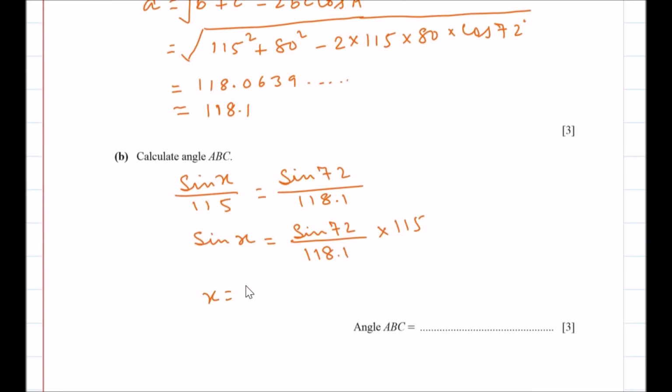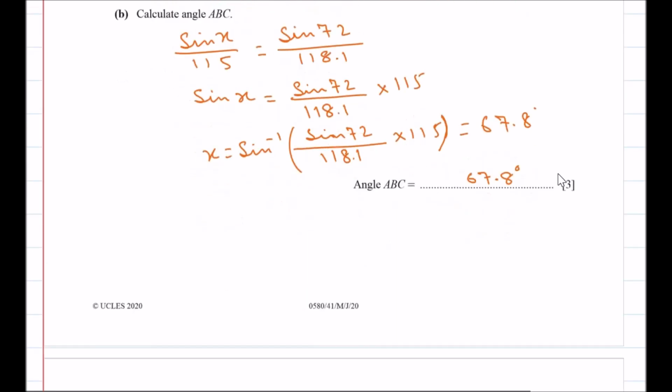So X equals sine inverse of sine 72 divided by 118.1, 115, and that gives us say 67.8 degree. So your answer is 67.8 degree. Okay.